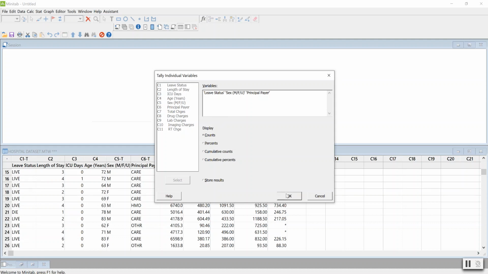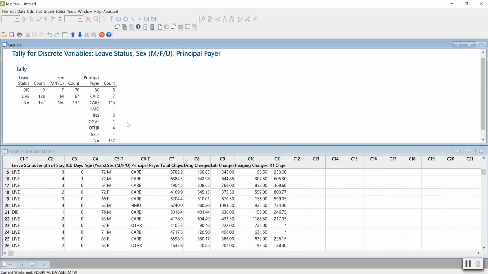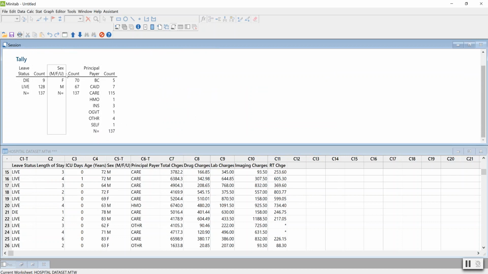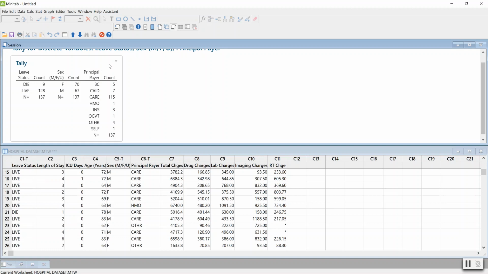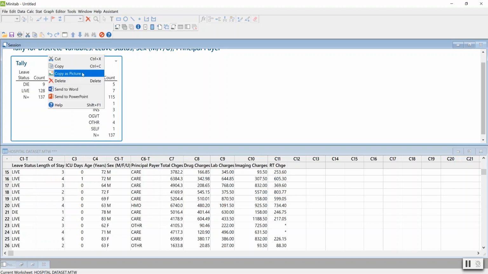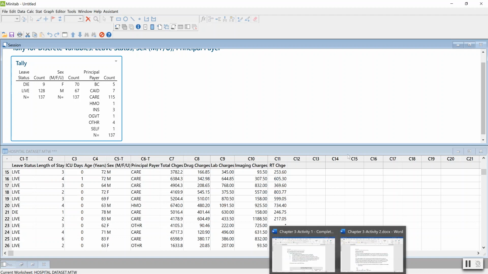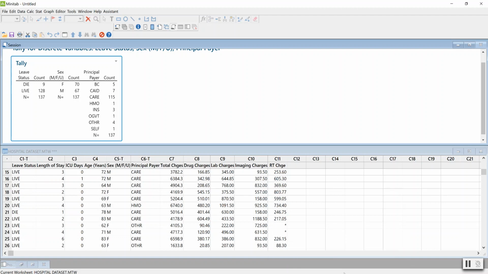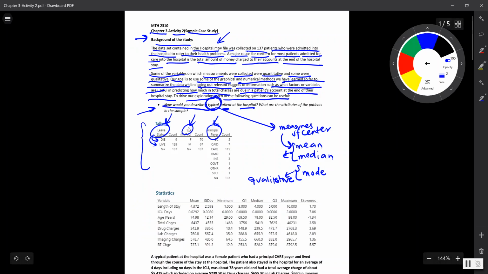So click on OK, and immediately you have the tally. If you would like to copy this, you can always click on this drop-down arrow and copy as a picture, and you'll be able to paste in whatever document you're working on. Probably Word document, most likely.